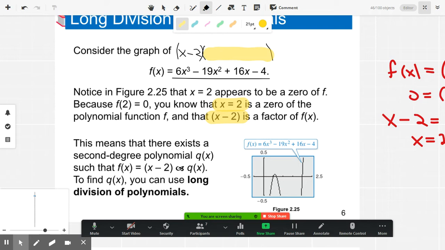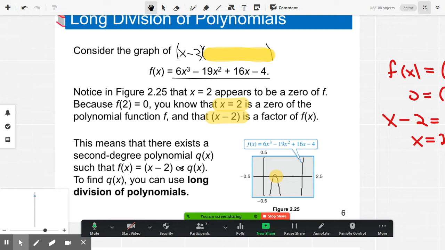There's ways to factor four terms by grouping, but not all of them will factor. So they use the graph to determine that one of these zeros is 2. And we are now looking for these other 2 zeros, which are right there in the graph. Because 2 is a zero, we know x minus 2 is a factor of this. So what we're going to do is use long division to figure out what is left when we factor out x minus 2. That's essentially what's happening here.